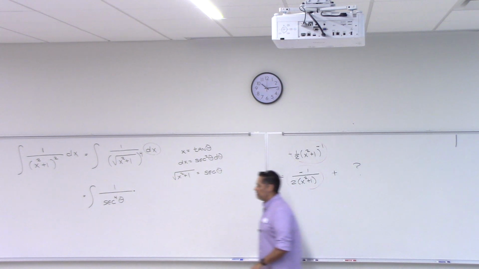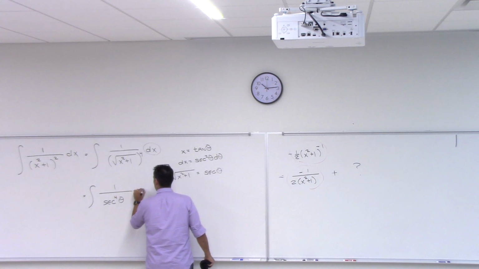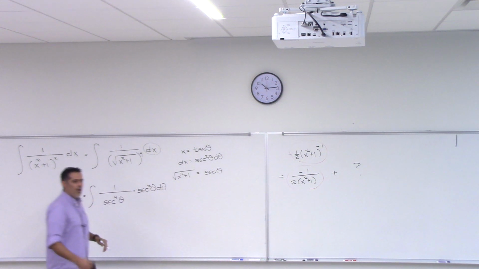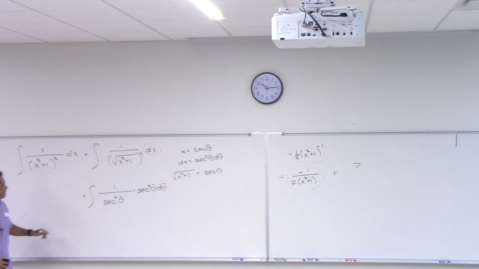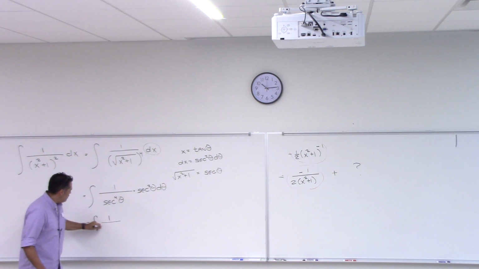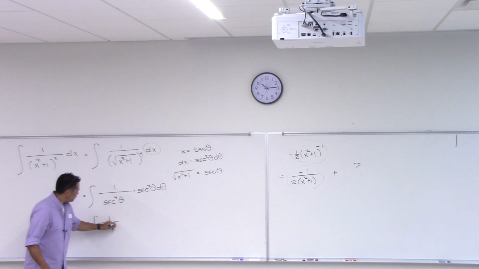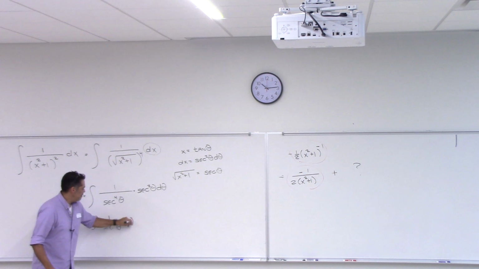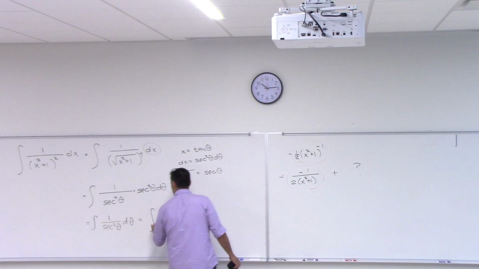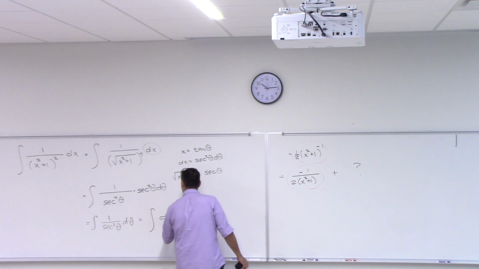Yes. All of that is going to happen nice for us here. So this now becomes integral 1 over secant squared theta d theta. And that is just 1 over secant squared is what? Cosine squared theta d theta.